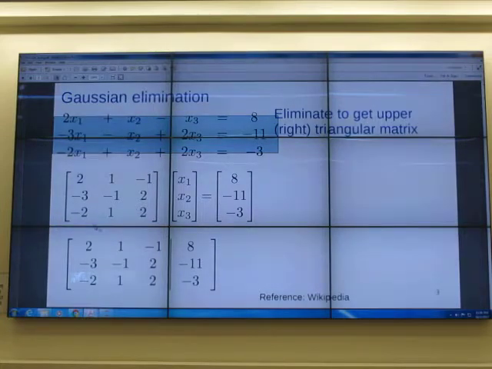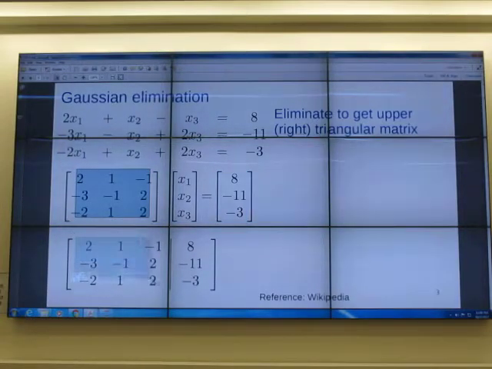Now, there are other ways to do Gaussian elimination. One of the quite popular ways is that you append the constant matrix to this 3 by 3. So then I have coefficients and constants. Second step, append it.